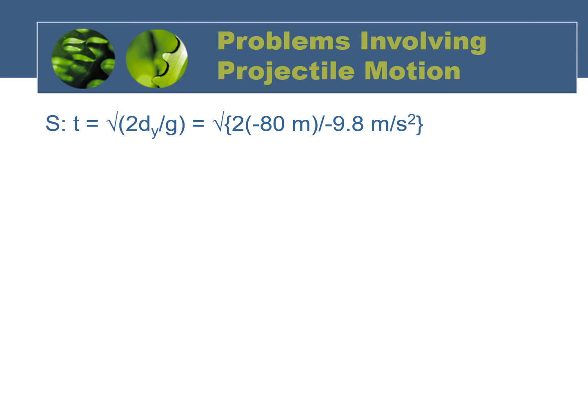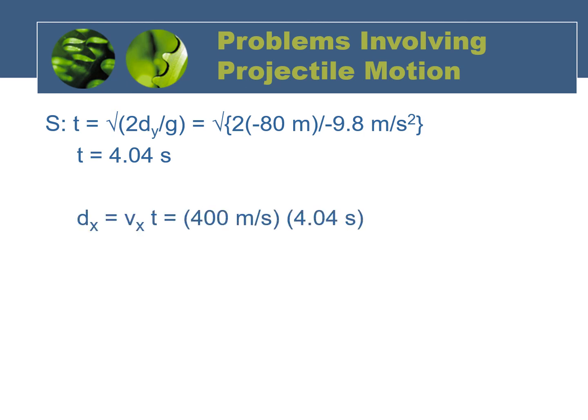Square root of 2 times negative 80 meters divided by negative 9.8 meters per second squared, you'll get a time of 4.04 seconds. Now you are ready to solve for dx. So dx is equal to Vx times time. That is equivalent to 400 meters per second times 4.04 seconds. So the dx, or the range, is equivalent to 1,616.24 meters.